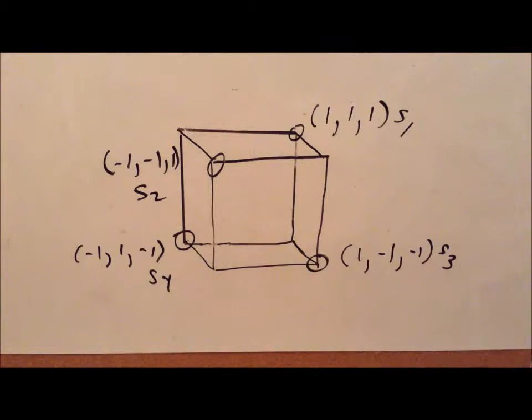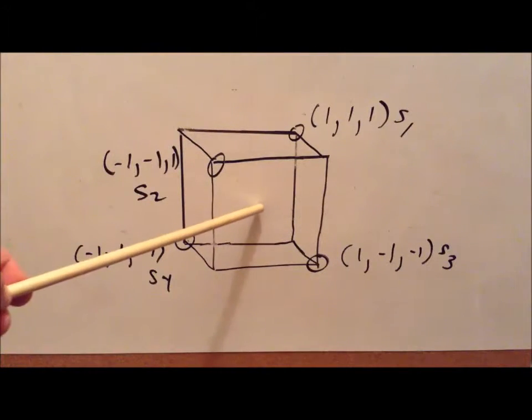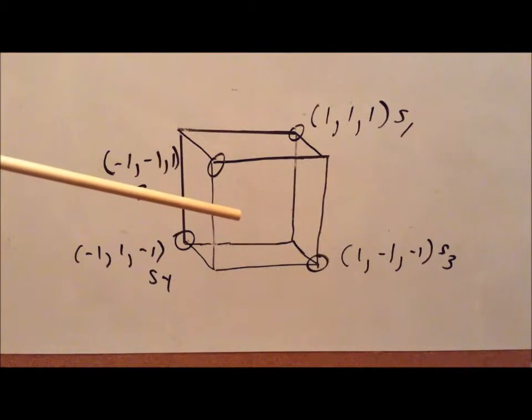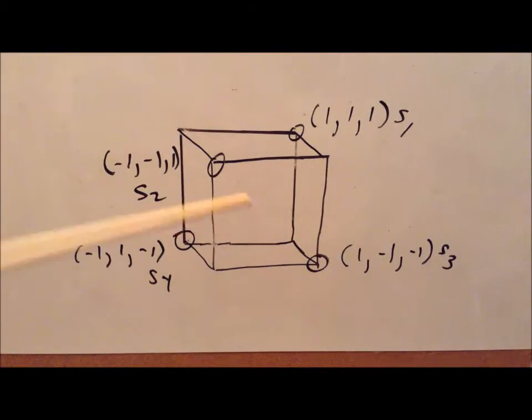Therefore it has the coordinates 1, 1, 1. For the second atom, we go to the left, so that's the minus x direction. We're coming towards us, so that's the minus y direction. But we're going up, so that's the positive z direction. Therefore the coordinates are -1, -1, +1 for orbital S2.